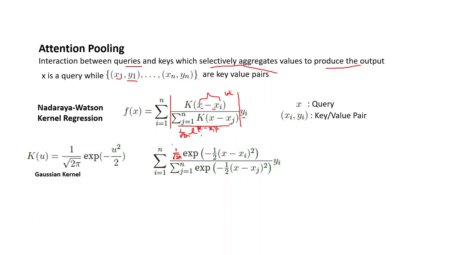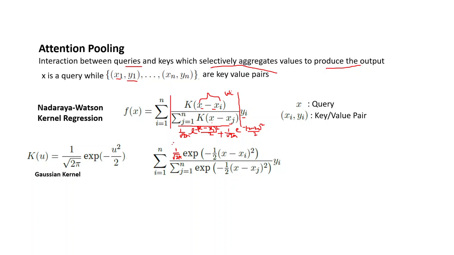divided by 2. The second term would be again plus 1 by root over 2 pi e to the power minus, oh there should be a minus over here, sorry, minus x minus x2 whole square divided by 2, and so on.